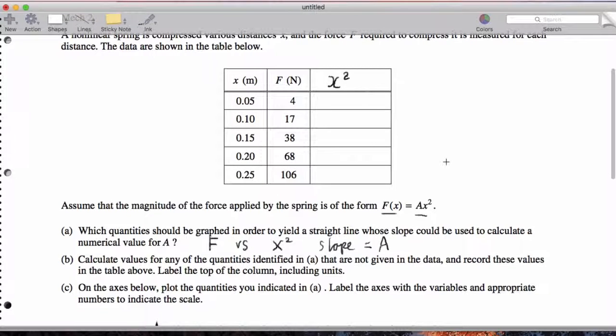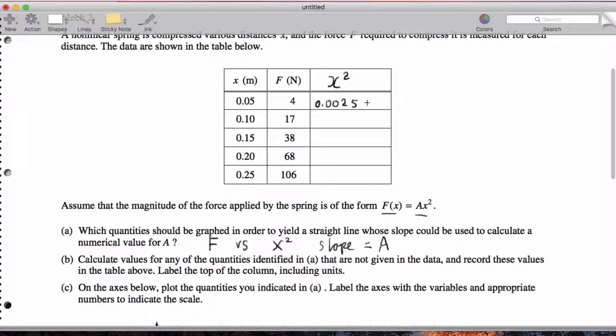So using that as a guide, I'm going to calculate the x squared in decimal form, and then I'm going to write it in scientific notation, and you'll see why in a second.